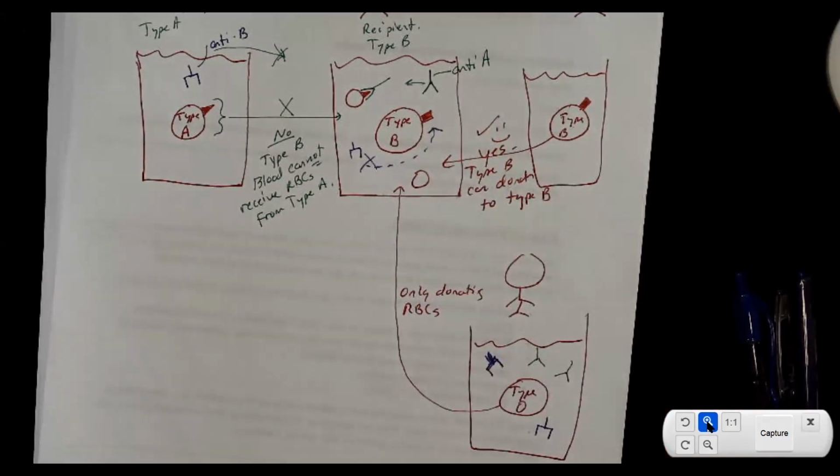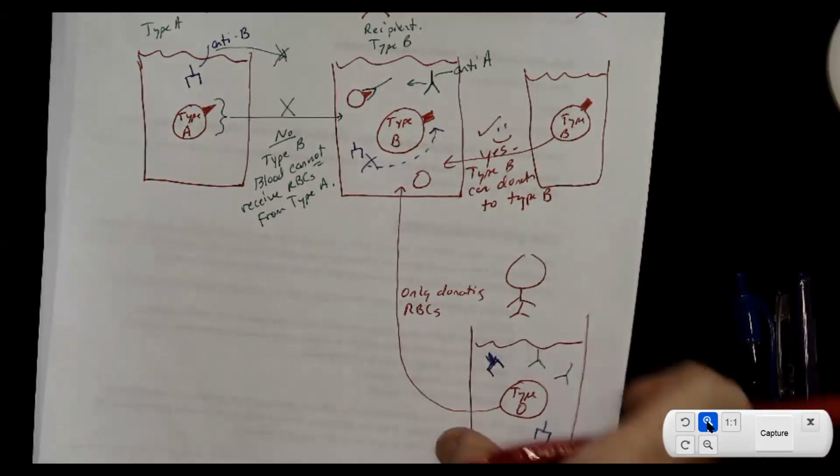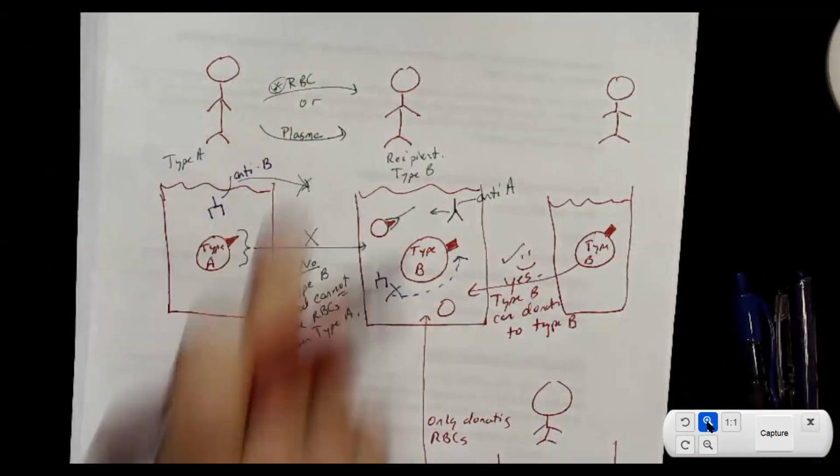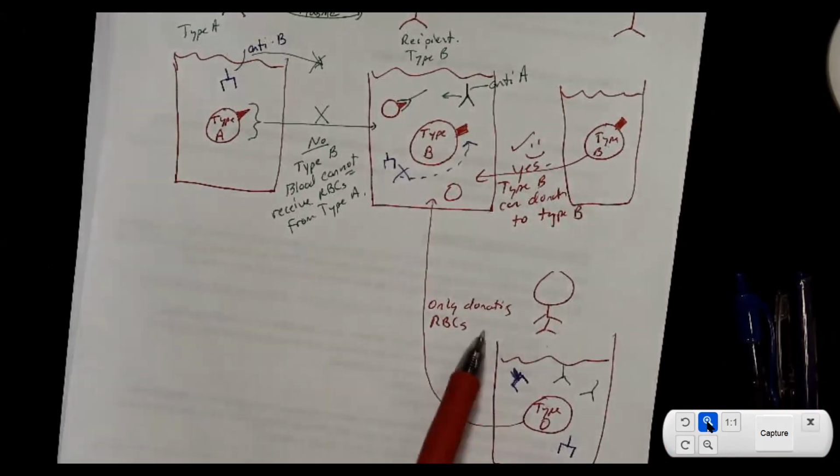But remember, when you donate blood, you either donate the red blood cells or you donate the plasma. You have to just look, and if there's a connection between the puzzle pieces, you're going to have clumping, and that donation cannot happen.